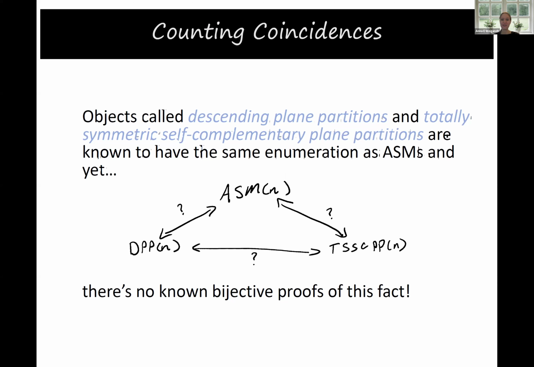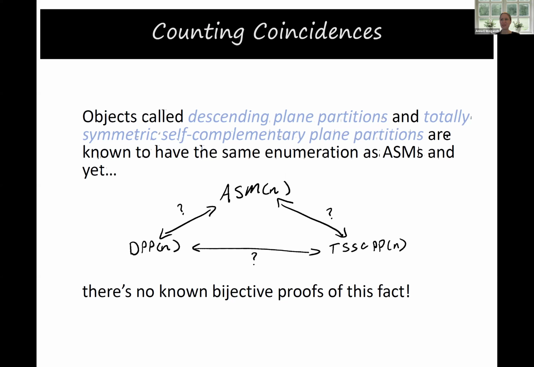Provably, people have counted the numbers of these objects. And in combinatorics, whenever we know that we have two sets that have the same count, theoretically they're in bijection, but we want to find an explicit bijection that would give us a combinatorial proof that they're the same, or a combinatorial explanation for why these things have the same count.